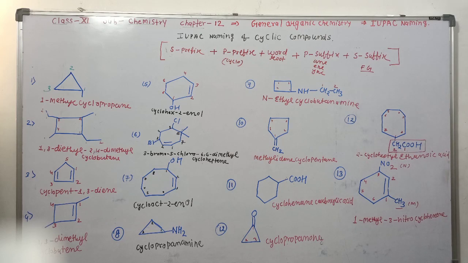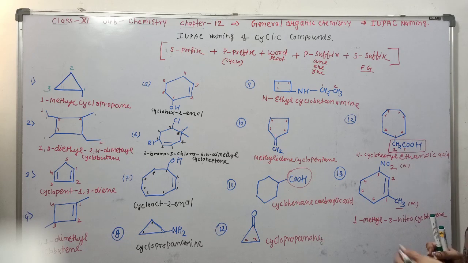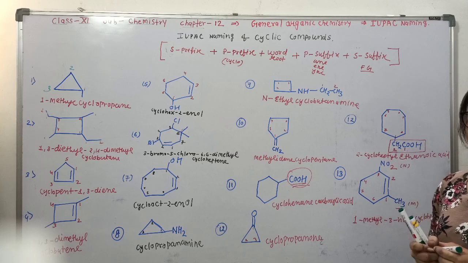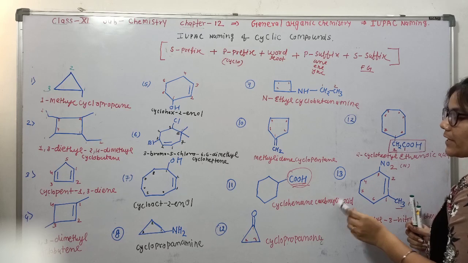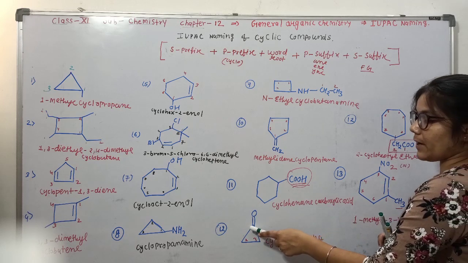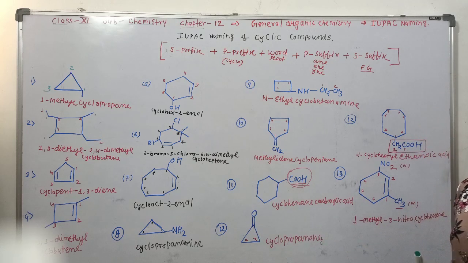So we have practiced the IUPAC nomenclature with cyclic compounds. You have to keep some points in your mind. If the carbon containing the functional group is not part of the cyclic compound, then a different suffix will be used for this type of functional group. And if the carbon is part of the ring, then the simple suffix we will use.